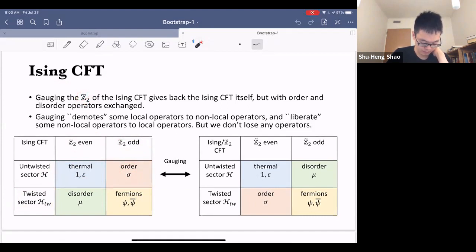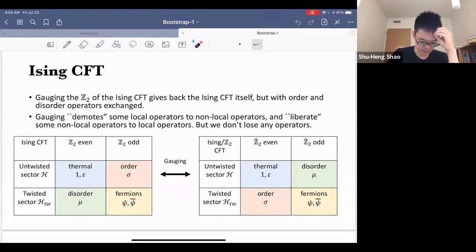And then we should also include the disorder operator and the fermions. Under gauging the Z2, we don't lose any operators. Rather, the Z2 odd operator is projected out and demoted to the twisted sector.